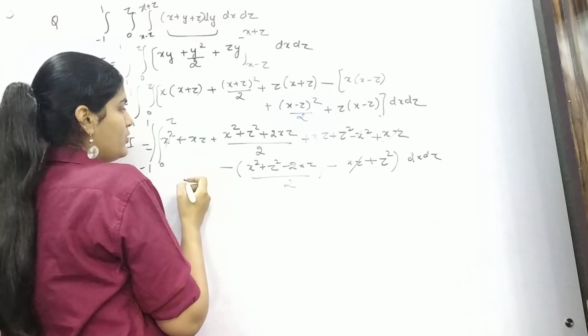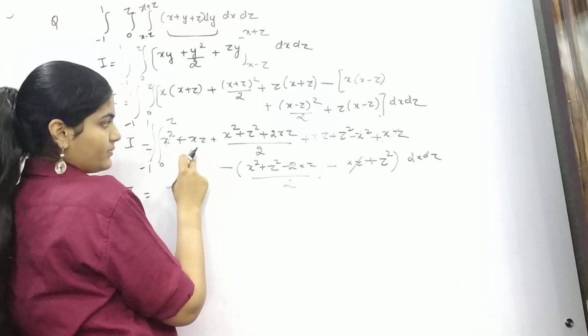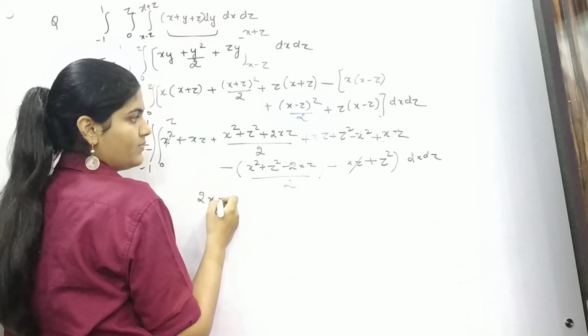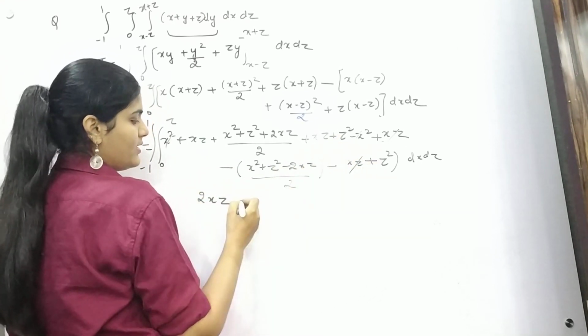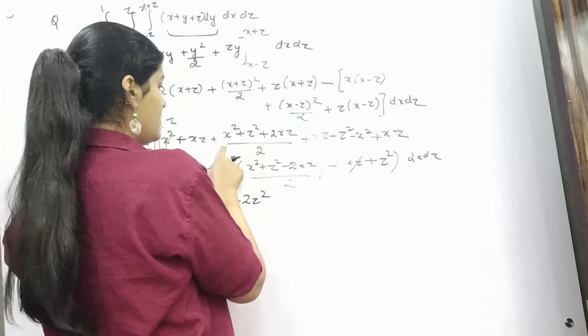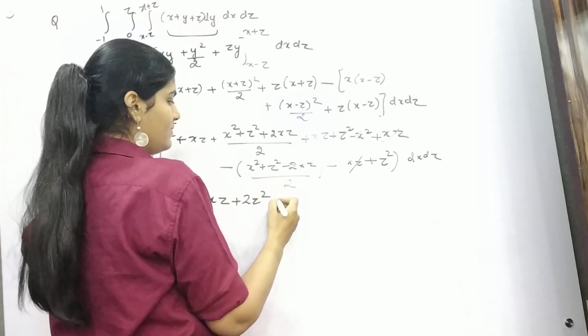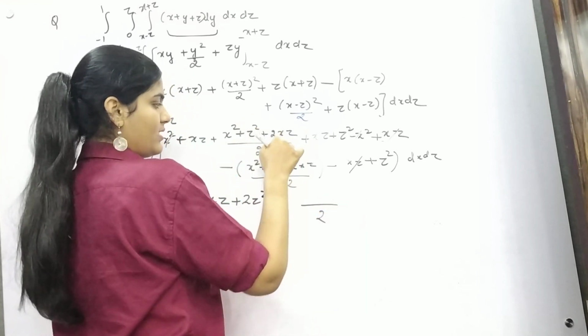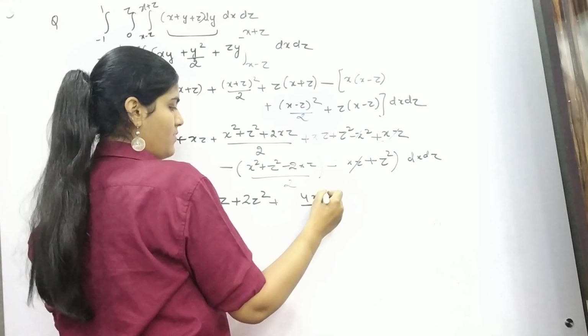Now put the values. This is xz, 2xz, z square, 2z square. And this, if you take the LCM, x square will be cancelled with x square, z square will be z square, 2 and 2, 4xz.